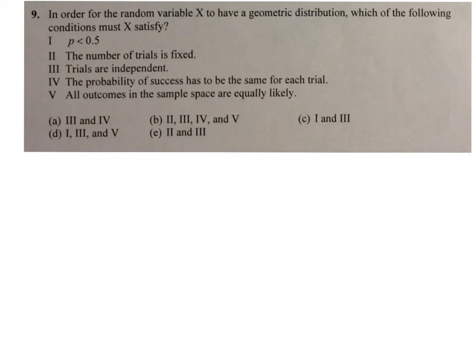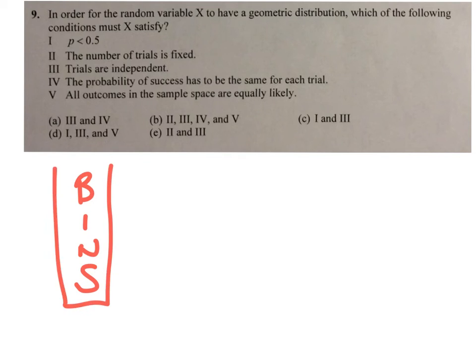Okay, go ahead and read this, give it a shot, pause the video, I'll be right back. Okay, so this question is all about, do you know BINS for a geometric distribution? Choice 1 doesn't make sense.